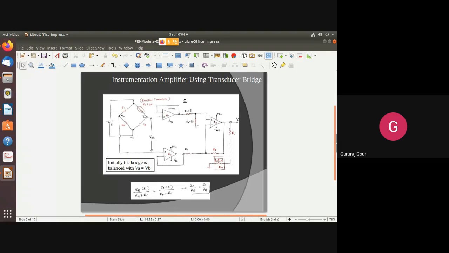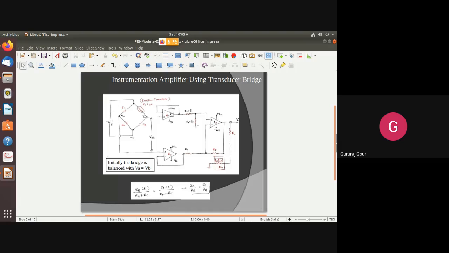So normally the instrumentation amplifier is considered one of the important devices as far as instrumentation is concerned. Here you can see we are going to observe this instrumentation amplifier normally in the form of differential operational amplifiers.